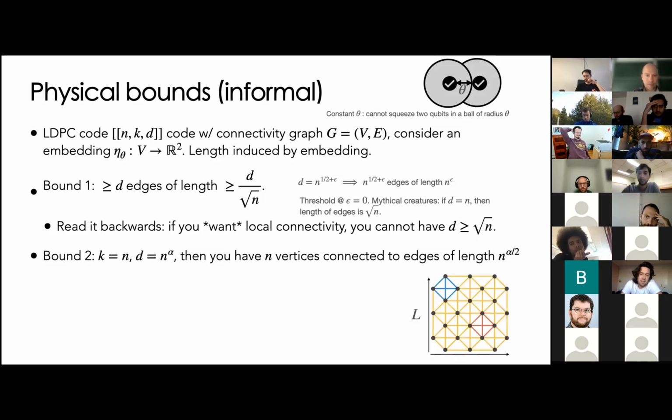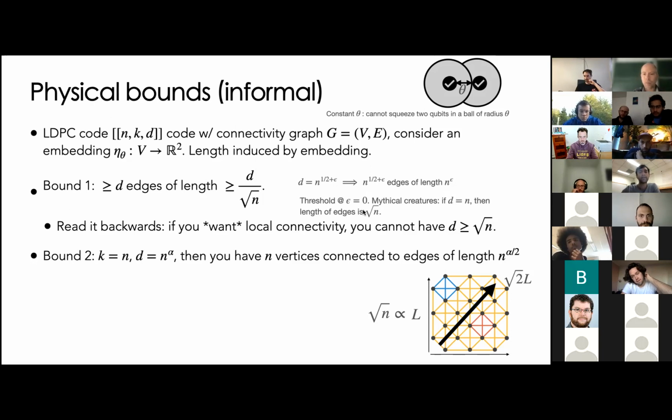And I think my diagram is in the wrong order, but let's just consider an example where suppose I had an L by L grid, as we did before. Then notice that square root of n is roughly the length of the side, and that any two vertices can be connected by an edge of length L, right? So in some sense, it's saying that if I were to have a code for which d scales as n, then I've got to use the maximum amount of non-locality needed.